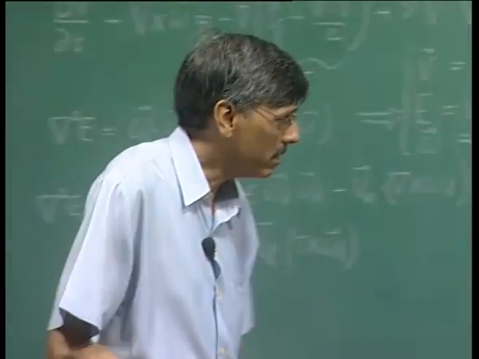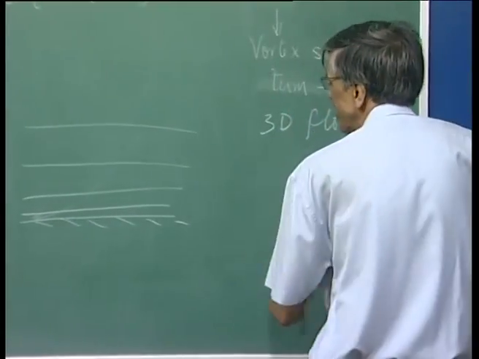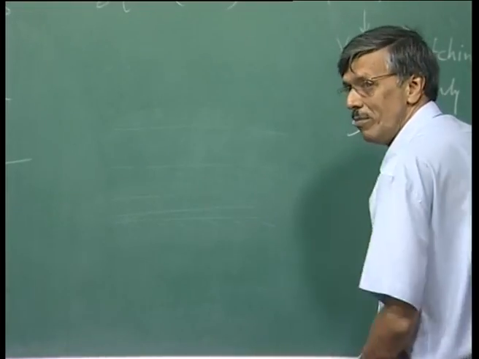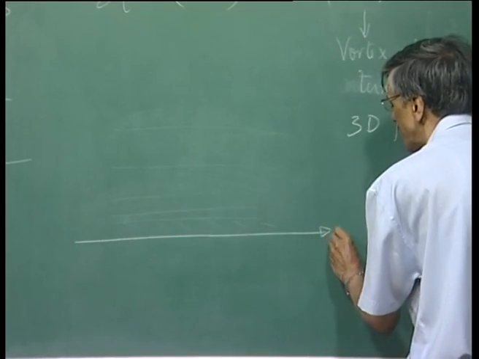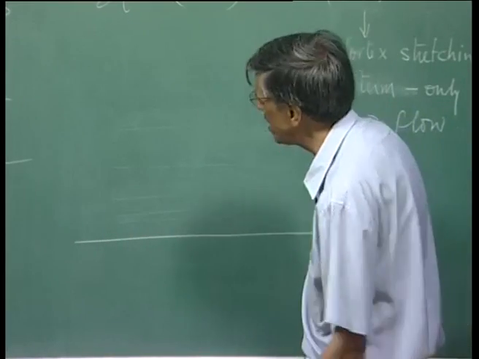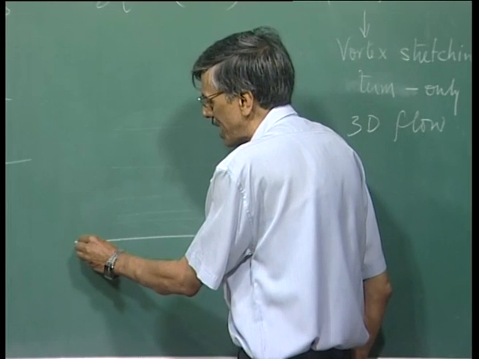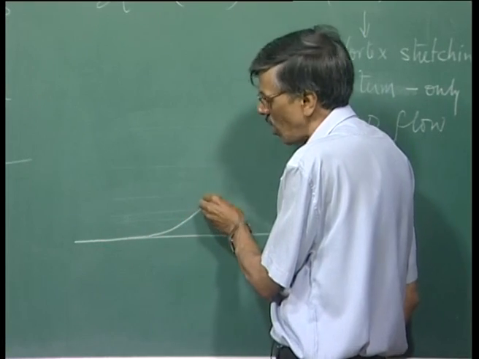Now, you understand that there is a distinction between algebraic and exponential growth, because if I plot time along this axis, say initially my background disturbances are rather small and this is growing exponentially, we will not see it rise like this. It will slowly pick up.